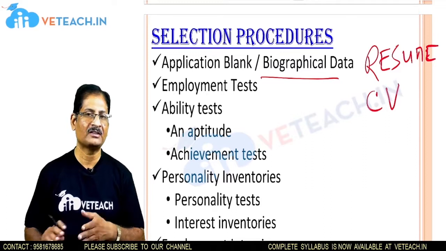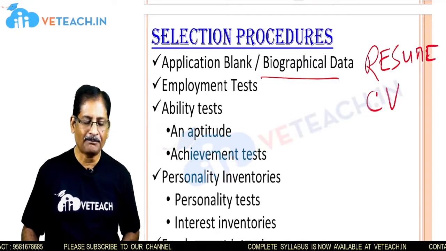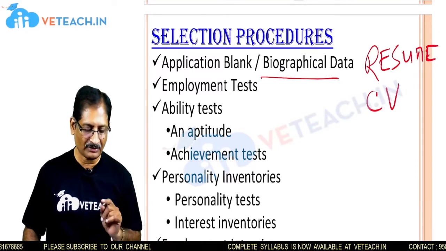All this information is supposed to be furnished in the application or the resume. So that's the first step.